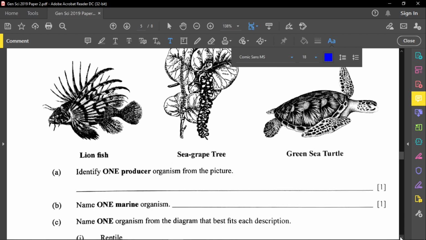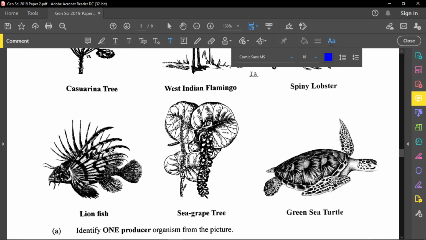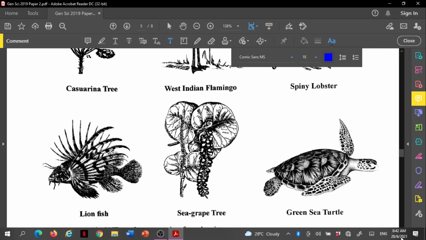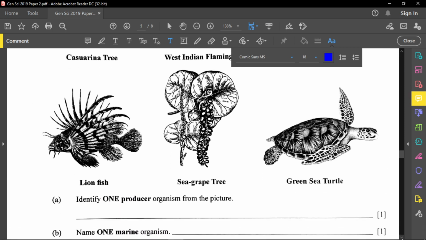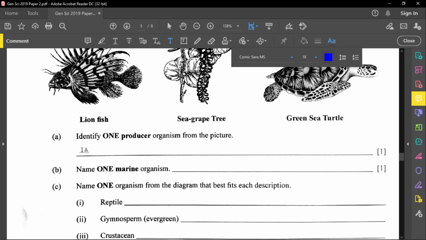Now for part A, it said identify one producer organism from the picture. And producers are generally plants. So we have two plants right here. We have the casuarina tree and we have the sea grape tree. So you could put any one of those. All right, so sea grape tree.